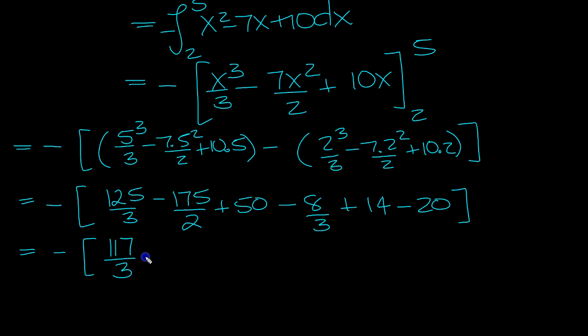And then minus 175 over 2, which we could write as 87.5 if we wanted. I'm going to write it as 87.5 now, because I'm doing it by hand rather than using a calculator. 14 minus 20 is minus 6. 50 minus 6 is 44.